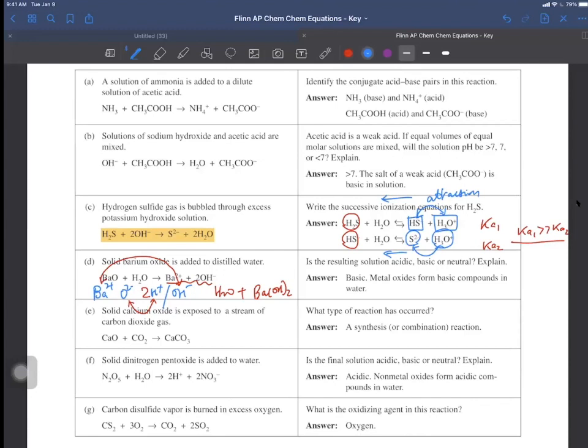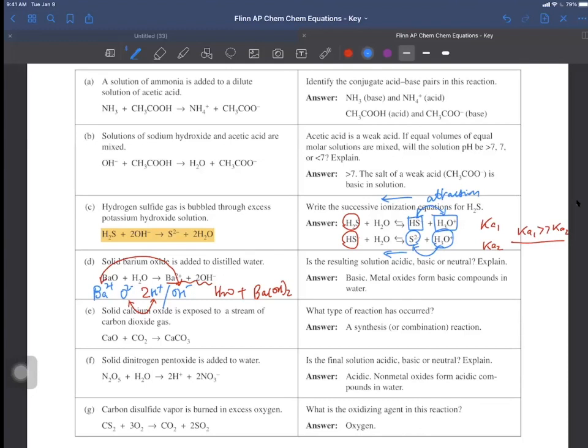Wayne, how do you think? Is the attraction between S2- and H+ stronger, or HS- and H+ stronger?